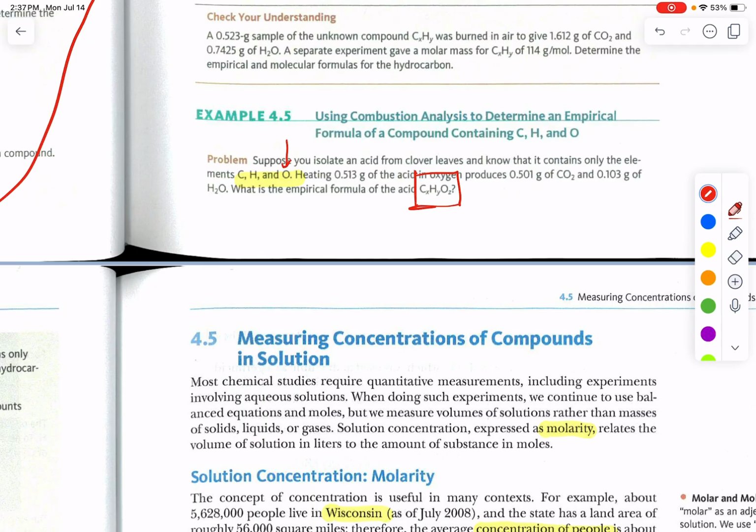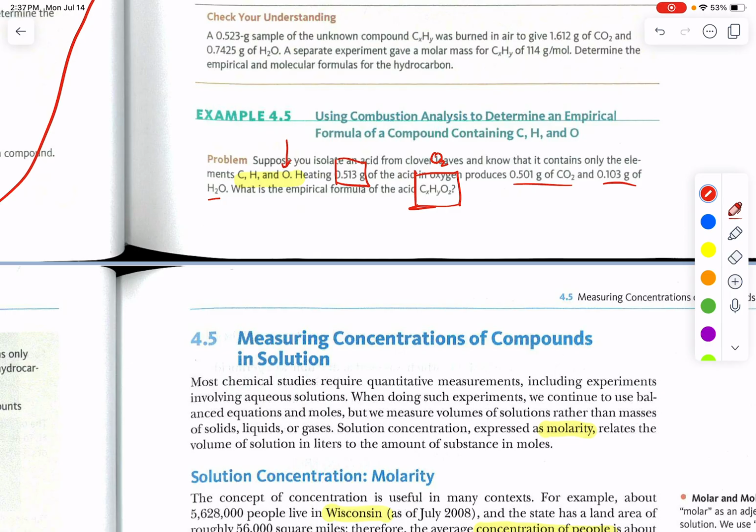And if you're looking at the problem, once again, they heat it with oxygen gas. Here's the mass of my original substance. We heat it with the oxygen gas. We find out how much carbon dioxide we produce when we isolate the carbon dioxide, and we find out how much water we produce when we isolate the water.